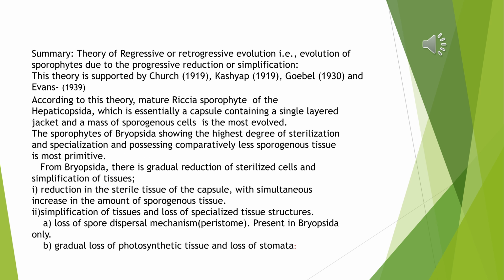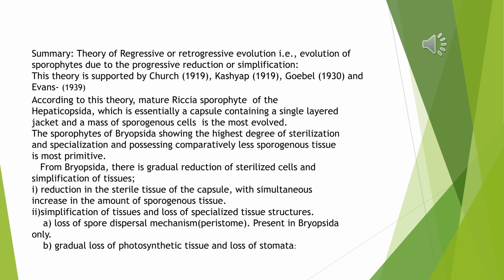Summary of the theory of regressive or retrogressive evolution. The theory of regressive or retrogressive evolution, that is, the evolution of sporophytes due to the progressive reduction or simplification, is supported by Church 1919, Kashyap 1919, Goebel 1930, and Evans 1939.